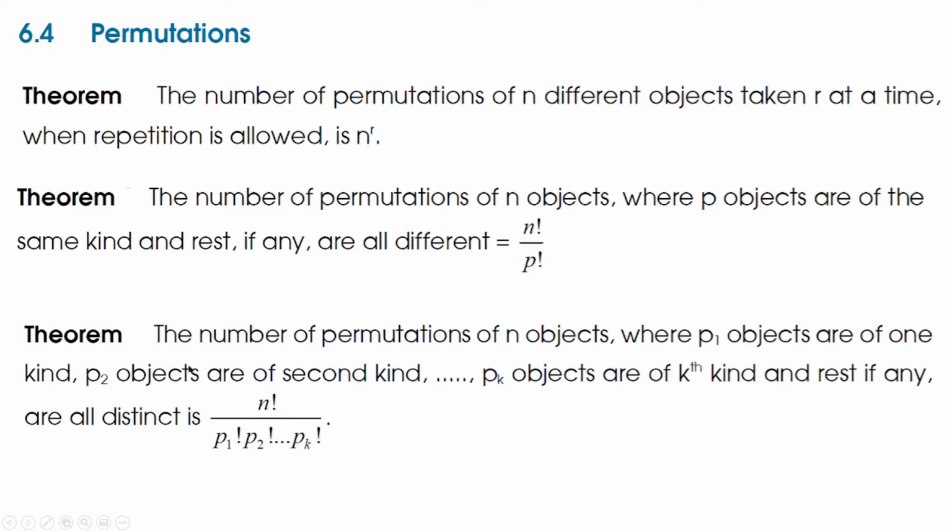And the number of permutations of n objects where p1 objects are of one kind, p2 objects of the second kind, p3 of the third kind, up to pk objects of the kth kind and the rest are distinct, is given by n factorial upon p1 factorial into p2 factorial up to pk factorial. So here we will solve some of the problems where these two formulas will be useful.